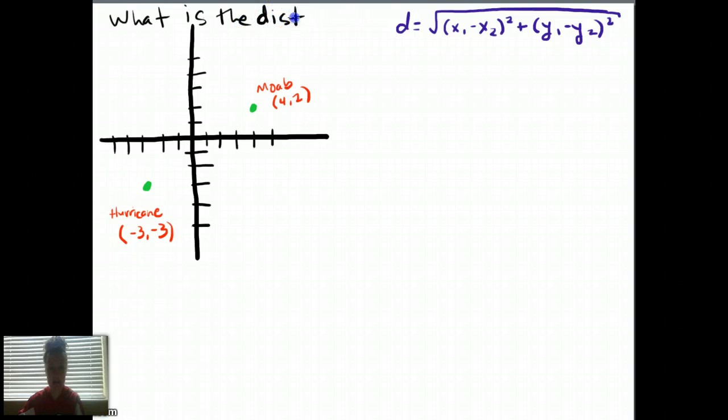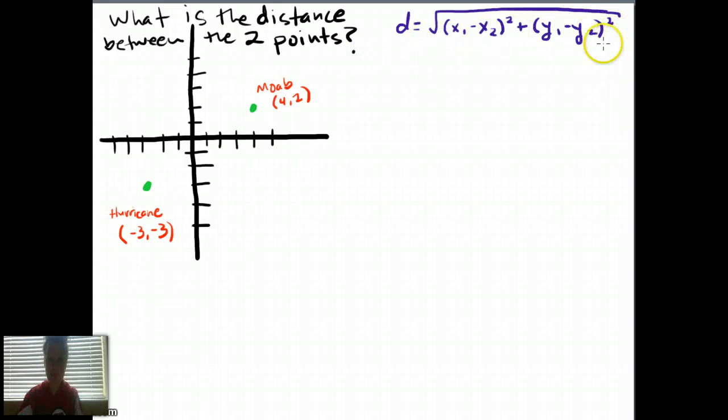When we're asked about distance, we can use, of course, the distance formula, which I have written to the right in blue. This is kind of a long formula, but it's pretty simple if you know what to plug in and what goes where.